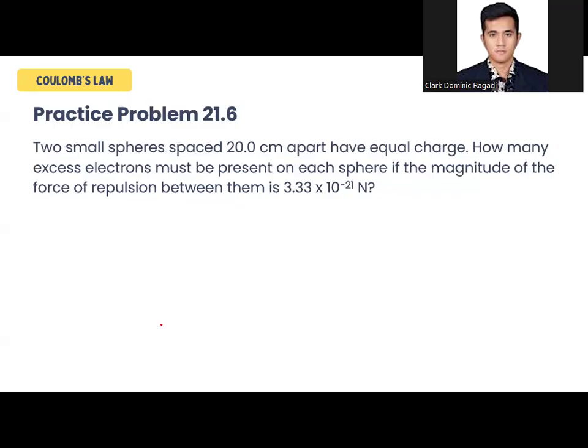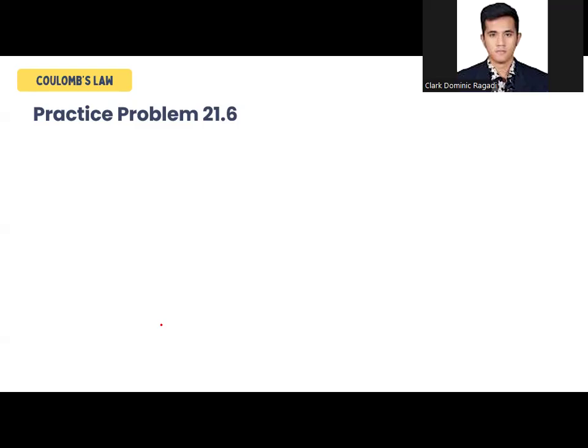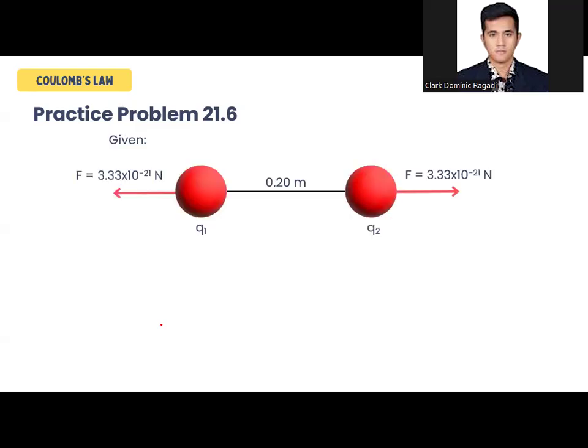How many excess electrons must be present on each sphere if the magnitude of the force of repulsion between them is 3.33 times 10 to the negative 21 newtons? Let's start by having an illustration. I have already made an illustration here to save time.